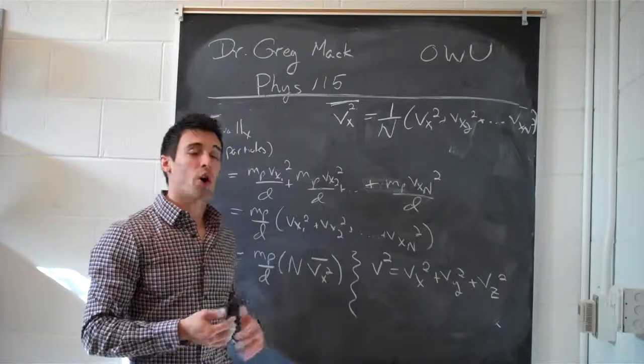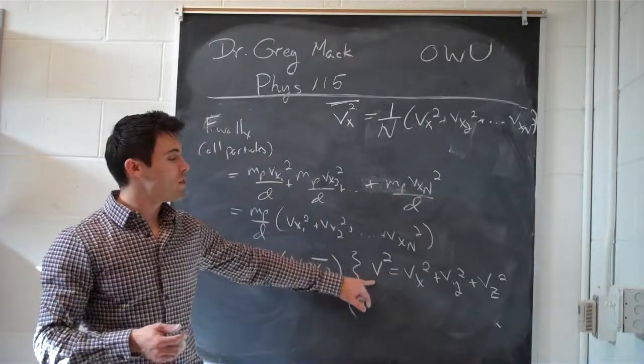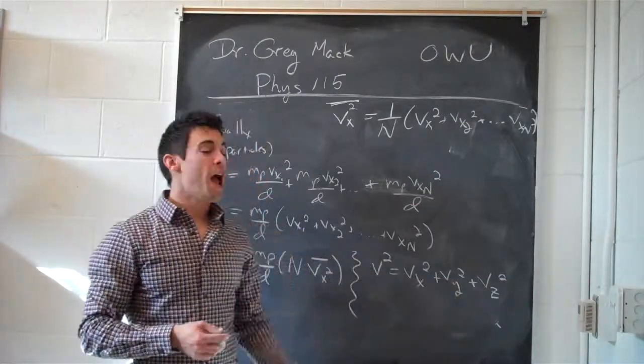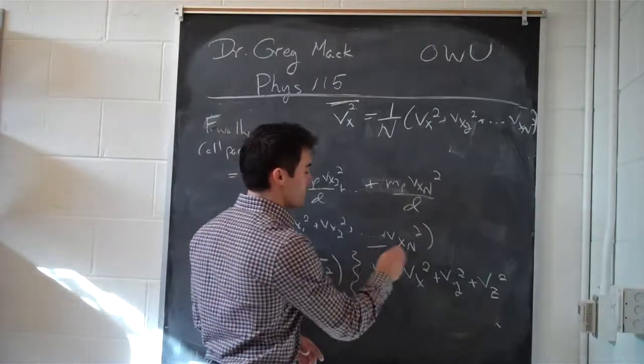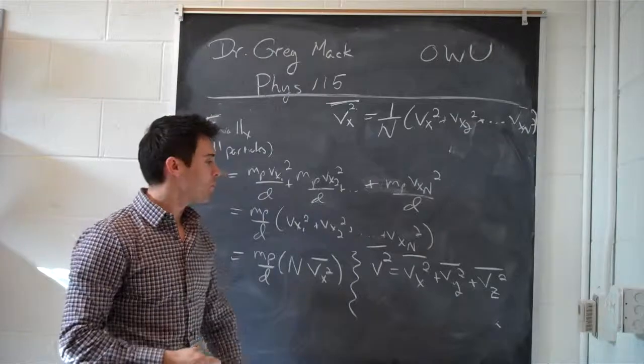For 3 dimensions, all you have to do is just add on the other part and square that as well. So the resulting vector here would be vx squared plus vy squared plus vz squared. And this is true for this statement, and also if they're averages. That works out as well.